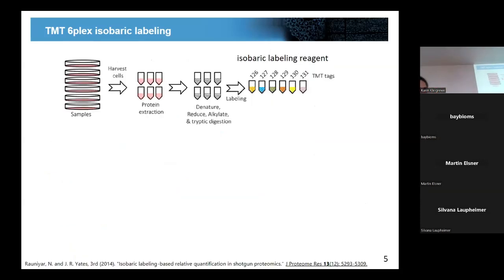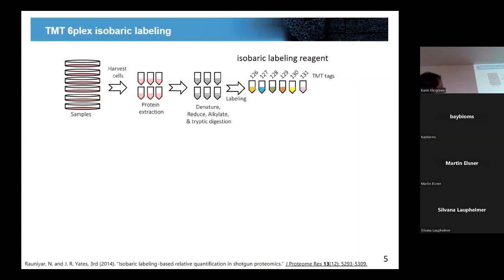So with TMT 6-plex, you could perform an experiment that would look like this. You would work with 6 different samples, can be 6 different proteomes, can be 6 different cancer cell lines, can be 1 cell line treated with 6 different doses of a drug.